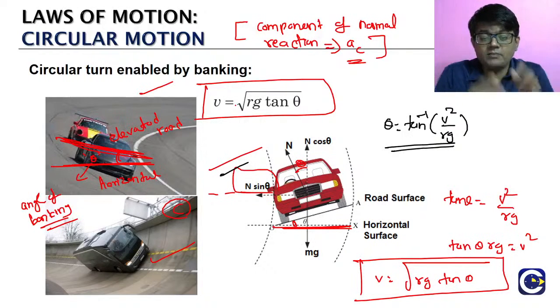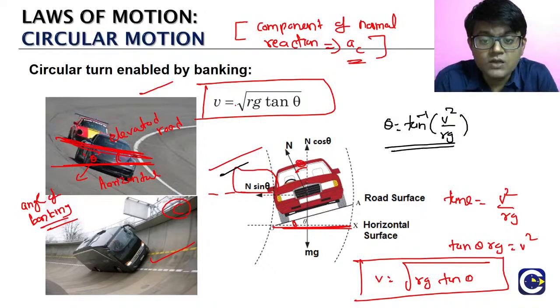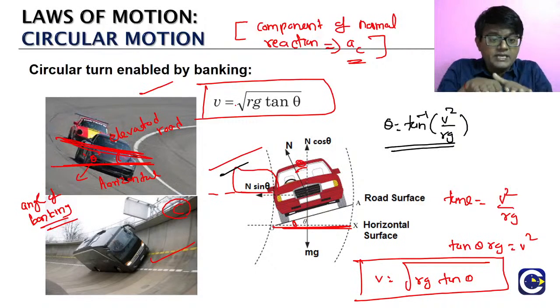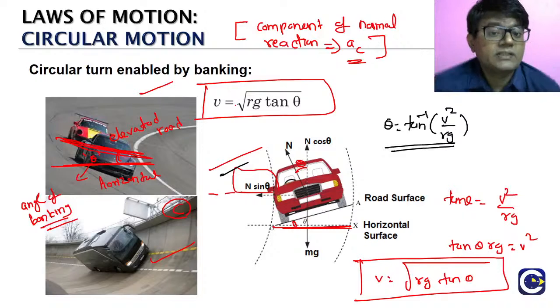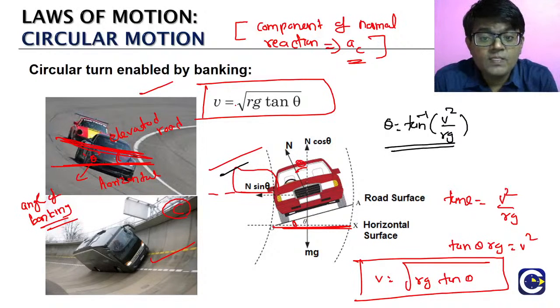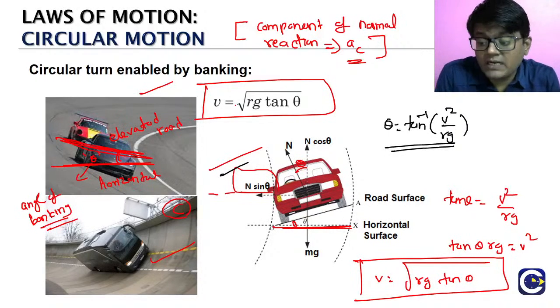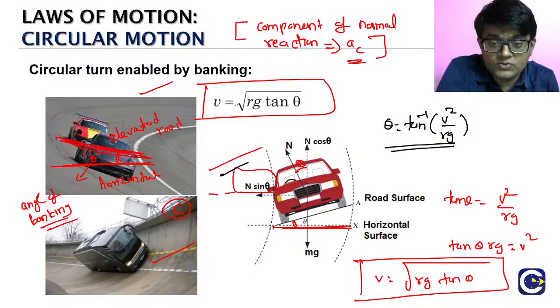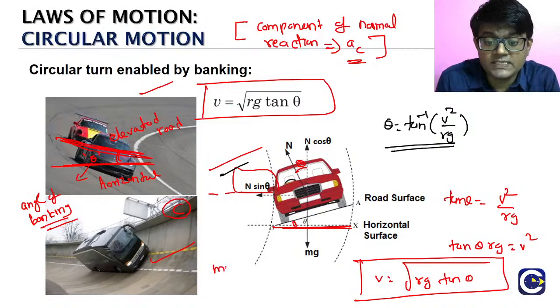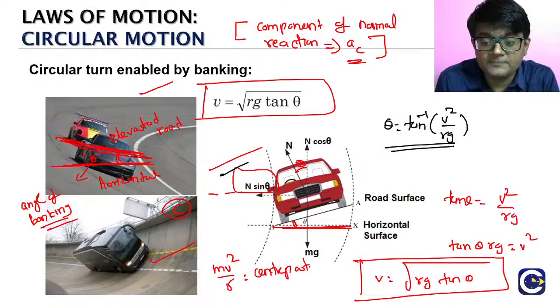Now we'll have a doubt. What if the velocity is more than this? We are coming in a car which has a velocity more than this. The required centripetal force, mv square by r, will be increasing.